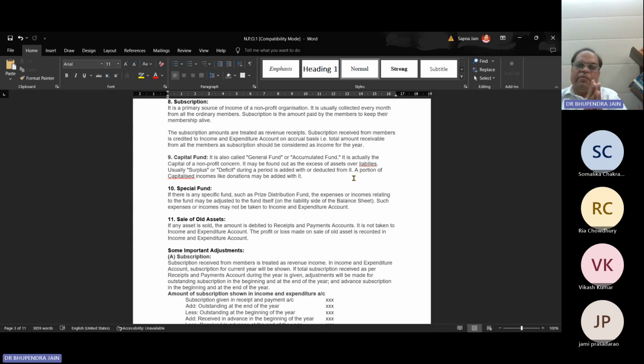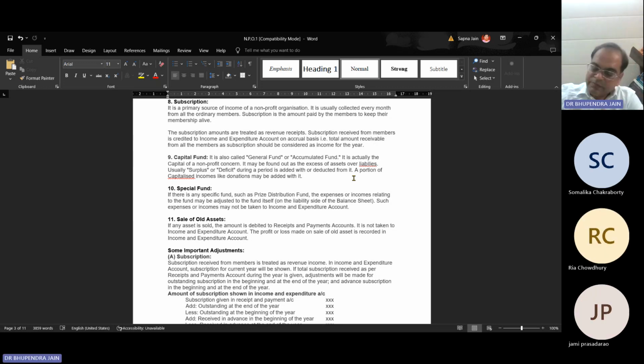For example, one of the clubs has an income of rupees 5 lakh during the year, and the total expenditure during the year is rupees 4,40,000. Then 5 lakh minus 4,40,000, so 60,000 is the surplus. Clear? Now we will transfer the surplus amount to the capital fund. Or we can say, if any surplus is generated during the year, we will transfer it to the capital fund. I have taught you earlier the preparation of the balance sheet, profit and loss account and trading account.